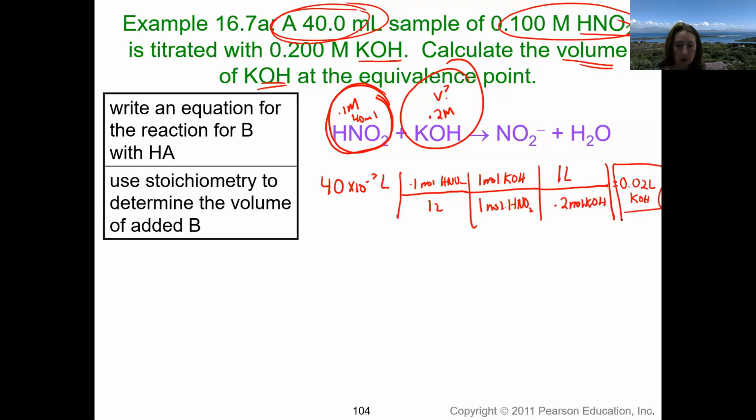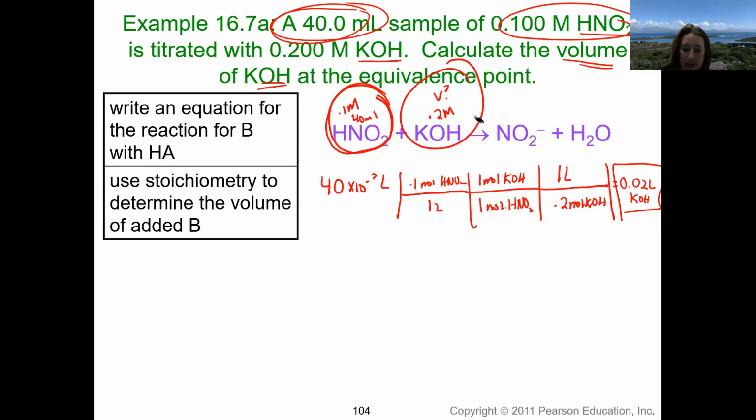So that means when we add 20 milliliters of KOH, we will have reached our equivalence point. Because remember, when moles of acid equal moles of base, that's the equivalence point.